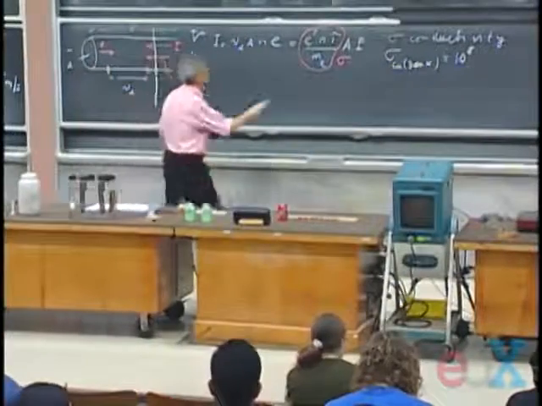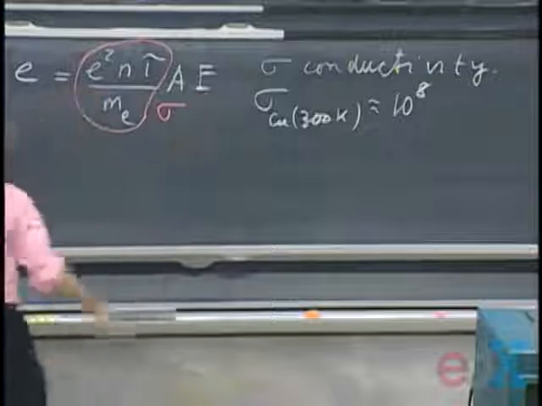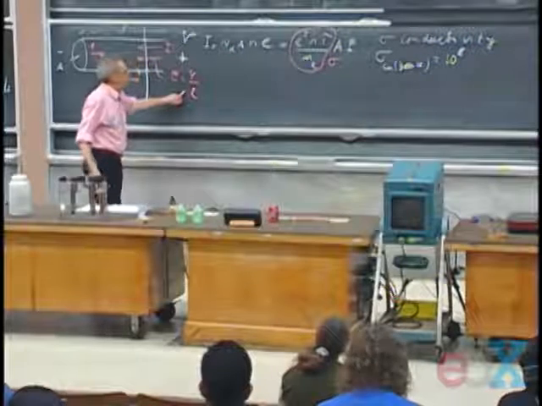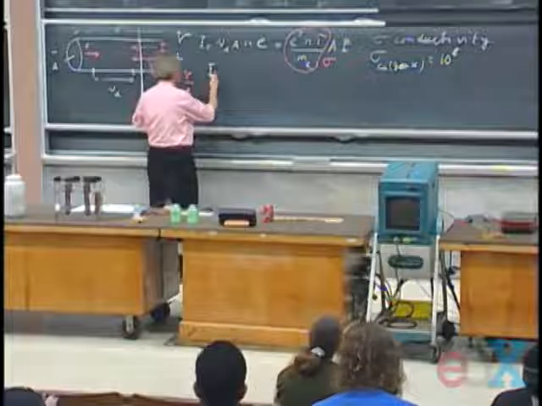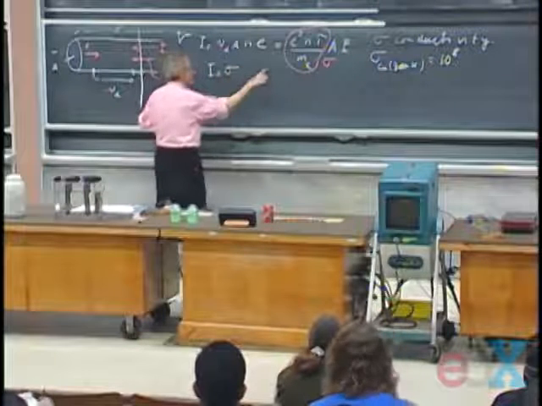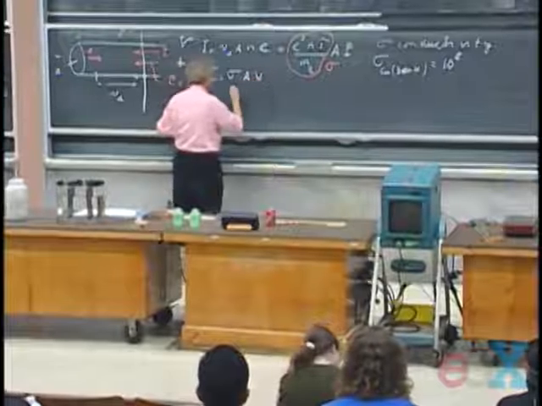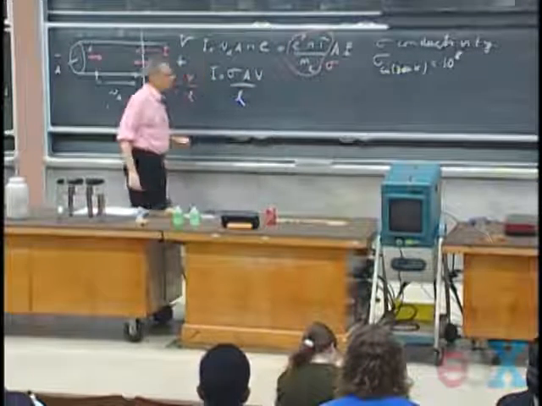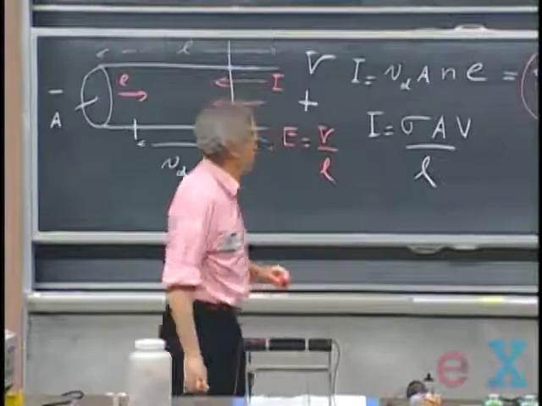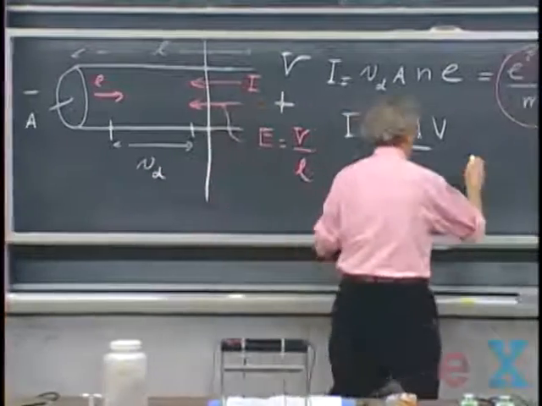I can massage this a little further because E is V divided by L. And so I can write now that the current is sigma times A times V divided by L. I can write that down a little bit differently.